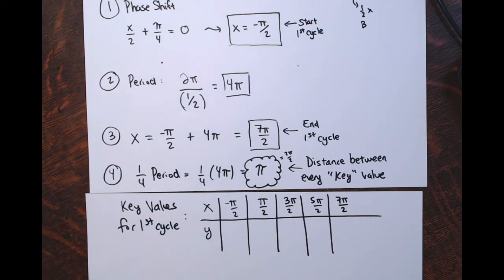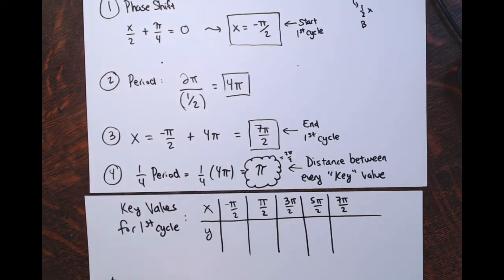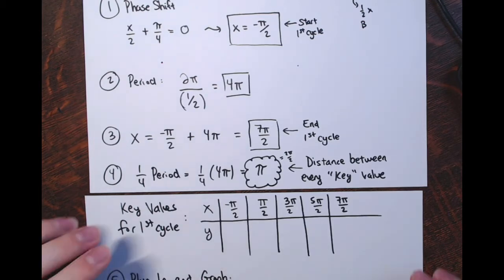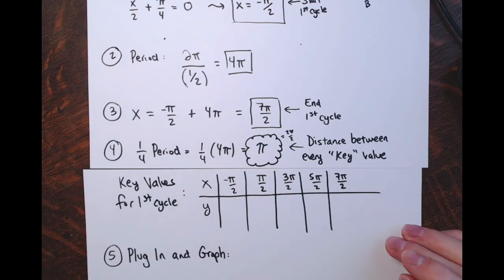And if you're doing this key value method for graphing trig functions correctly, you should have 5 key values for your first cycle, and for every cycle you create. And then lastly, I just plug these in and graph.